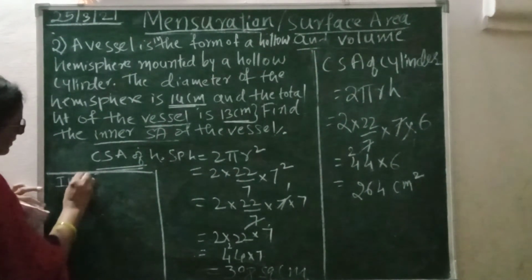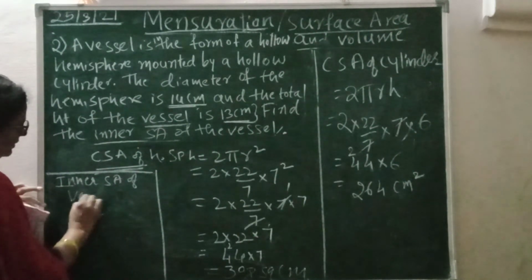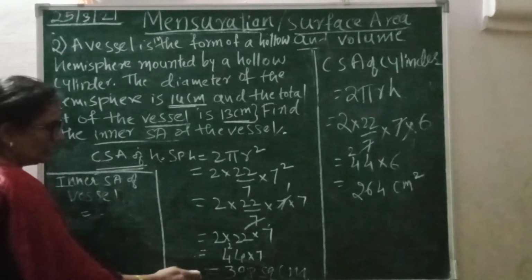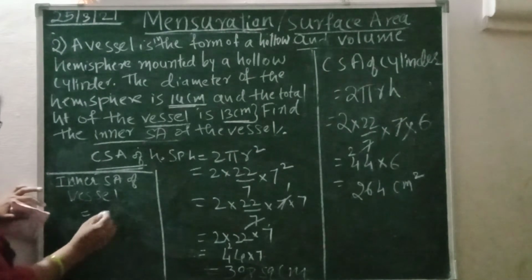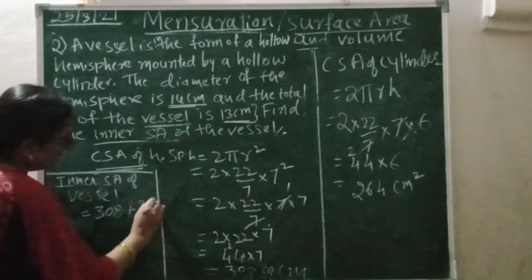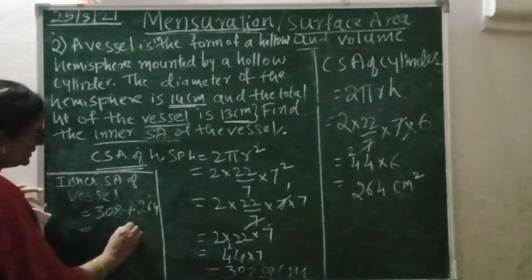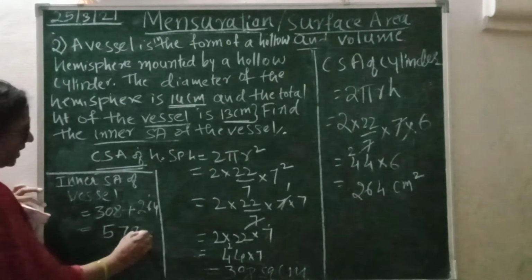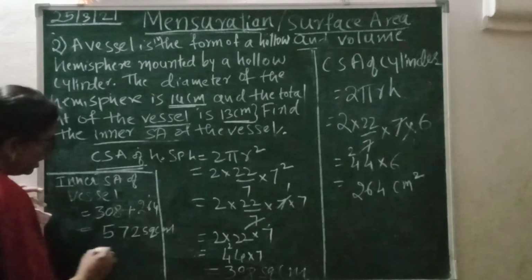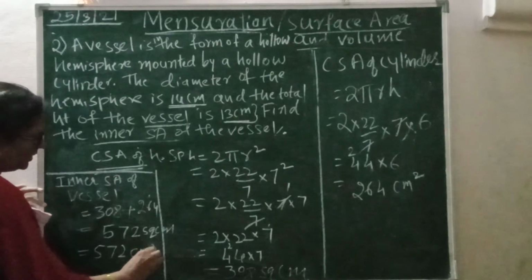So the inner surface area of the vessel is equal to, in short, I will write, surface area of hemisphere plus surface area of cylinder, 308 plus 264, that is equal to 8 plus 4 is 12, 6 plus 1 is 7. Very nice. It is 572 square centimeter, or you can write this way, 572 cm square.